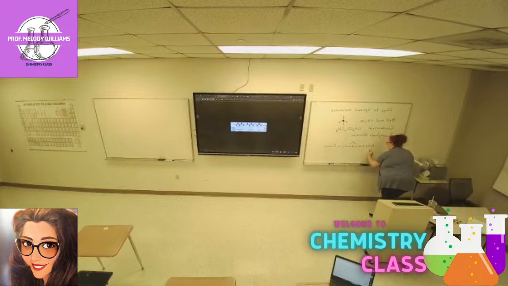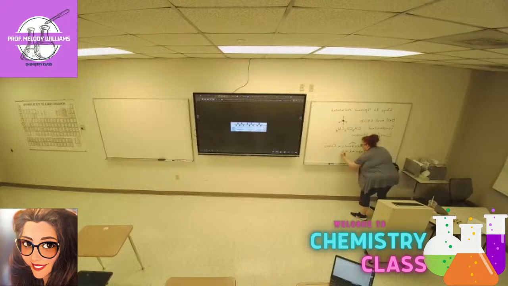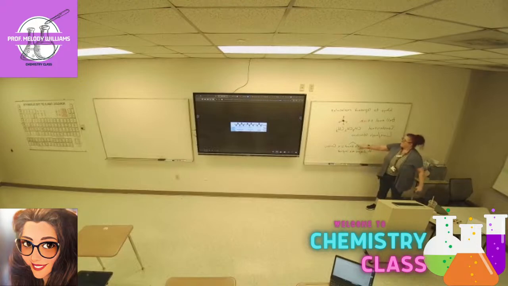Hydrogens are implied. So it's understood that this carbon has 3 hydrogens on it, that this carbon has 2 hydrogens on it, and that this carbon has 3 hydrogens on it.